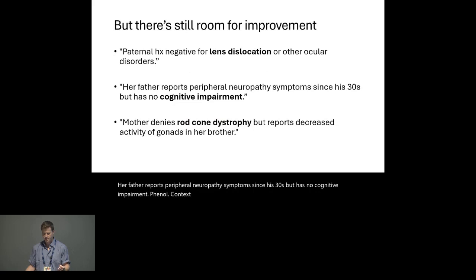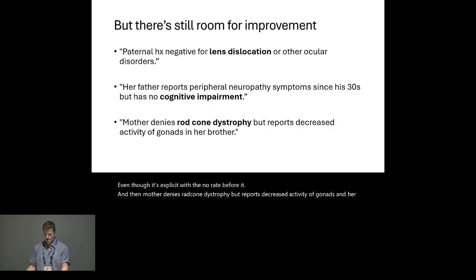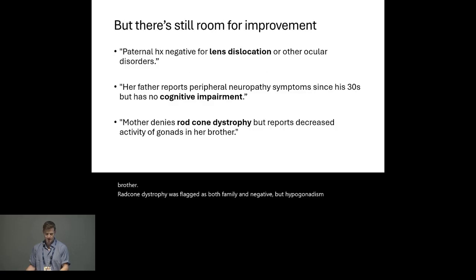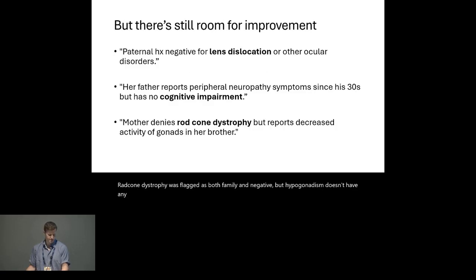PhenoContext got that it was family related, but it missed negated, even though it's explicit with the "no" right before it. And then "mother denies rod cone dystrophy, but reports decreased activity of gonads in her brother." Rod cone dystrophy was flagged as both family and negative, but hypogonadism doesn't have any context attributes. It just missed that one.